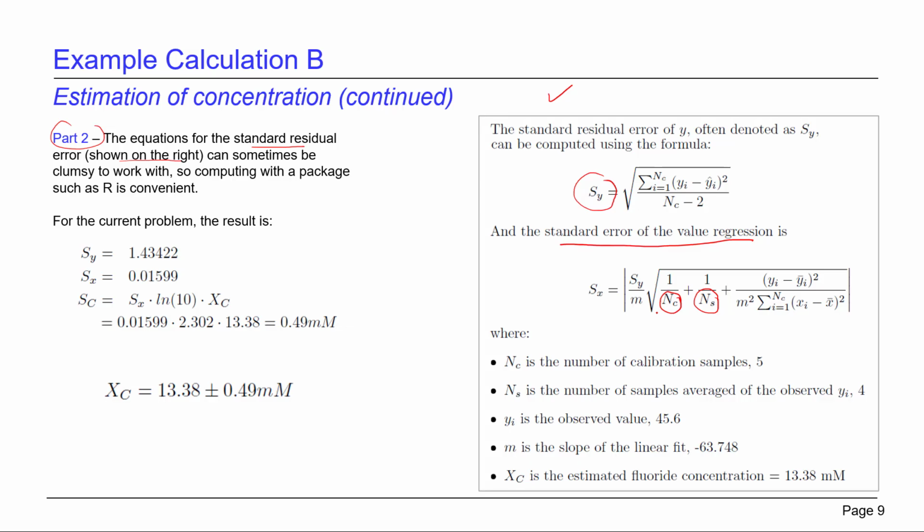Essentially what we're doing is giving you the equations, and for the current problem, the result is S of y is 1.43, S of x is 0.0159, so you do the logarithm, and what you end up with is the concentration is 13.38 plus or minus 0.049 millimoles.